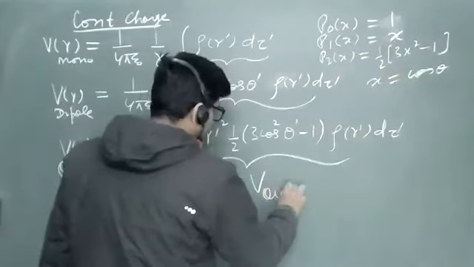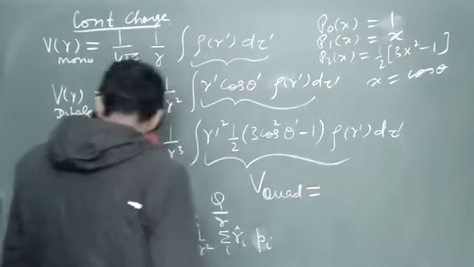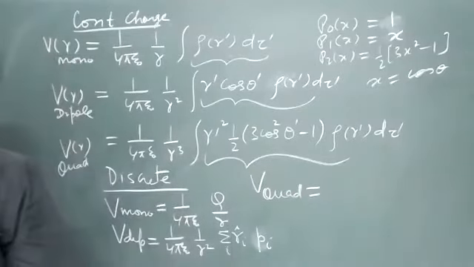So what will be V quadrupole? ये बताओ जरा. What will be V quadrupole? 1/4 pi epsilon naught 1 by r cube. Anybody knows? Into qi.